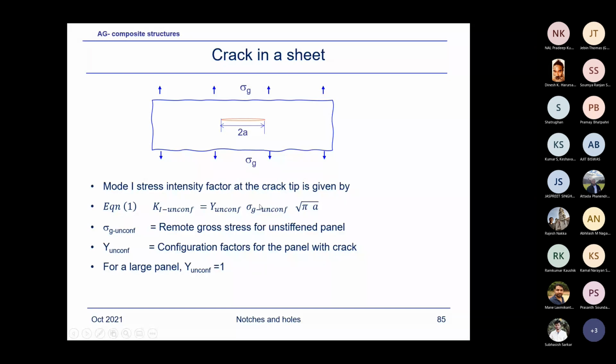The configuration factor is Y unconfigured. It depends upon the width of the panel divided by the crack length. Sigma G unconfigured, which is the failure stress, is sigma G for the unconfigured panel, root pi a. Just a fracture mechanics relation.